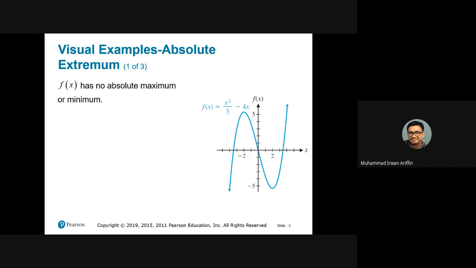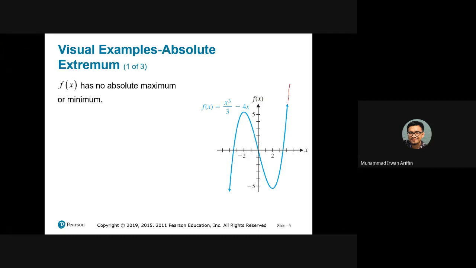In this graph, the function f of x has no absolute maximum or minimum. Why? Because there is no point which is higher than or lower than all other x's. As you can see, is this point the highest? No, because the f of x here is lower than the f of x over here.